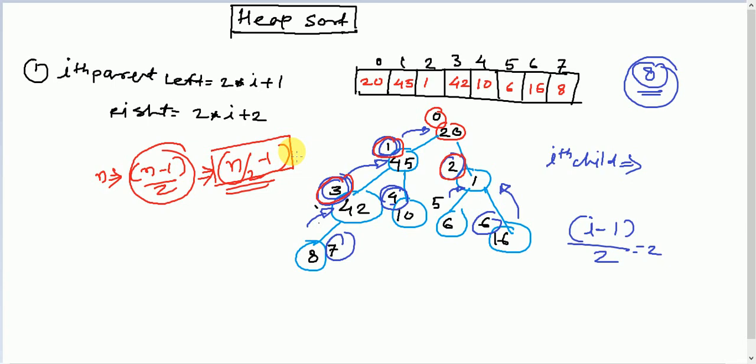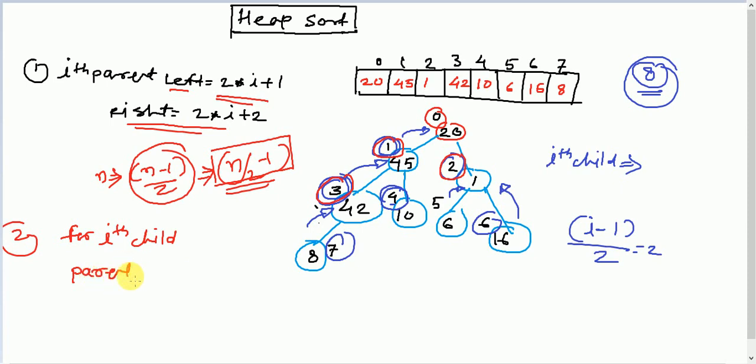Now we will actually start with how heap sort works. For that purpose, we'll take one example. So here you can say for the ith parent, its left child is at 2 into I plus 1 and its right child is at 2 into I plus 2. And the second thing, for the ith child, its parent index will be found at I minus 1 divided by 2, the standard form.